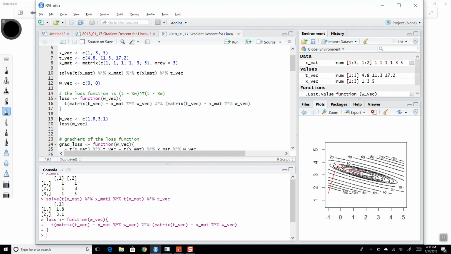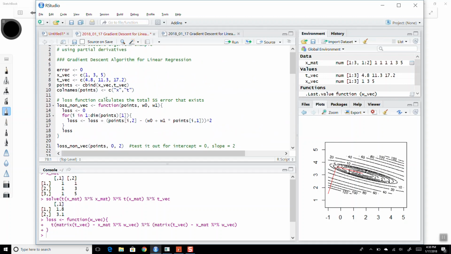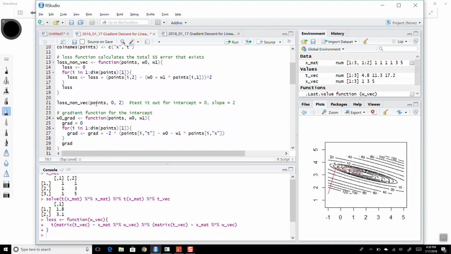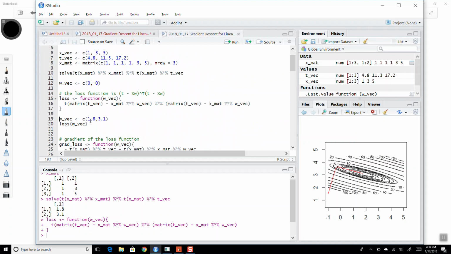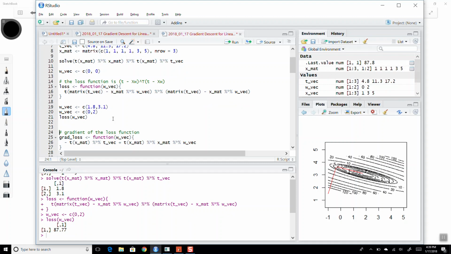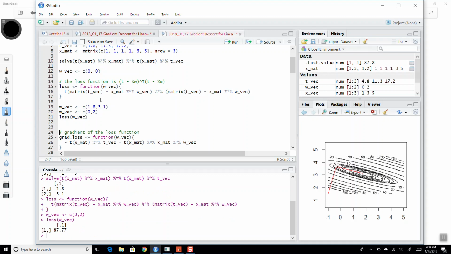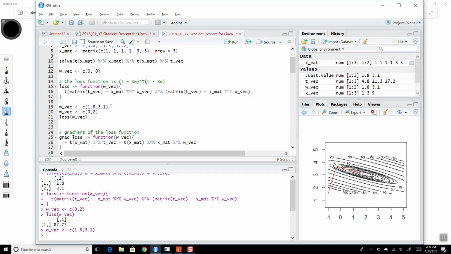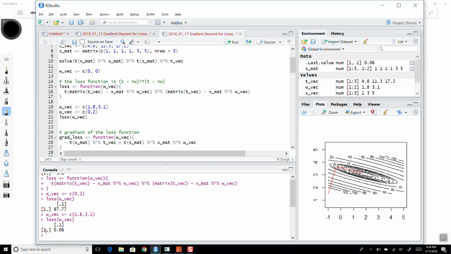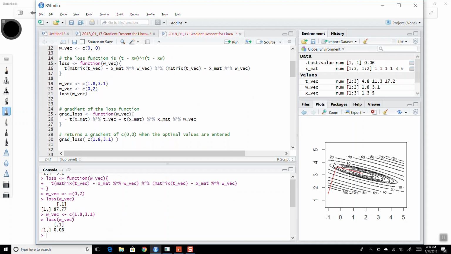And what do we use for the initial one? What we had before. If I plug in 0, 2, we can see that calculating the loss function gives me the same result as I got way back when. And then if I plug in the optimal values of the w vector, the loss function is very small at 0.06. So that's what we're going for.